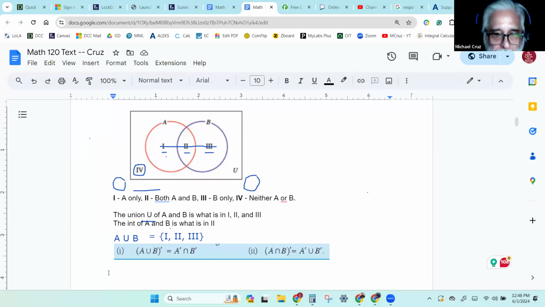So therefore, this right here, that right-hand part is A union B complement is, you don't need to have them in the brackets. I'm just kind of showing you what's in them. It's not really a set. So let me just type it out.